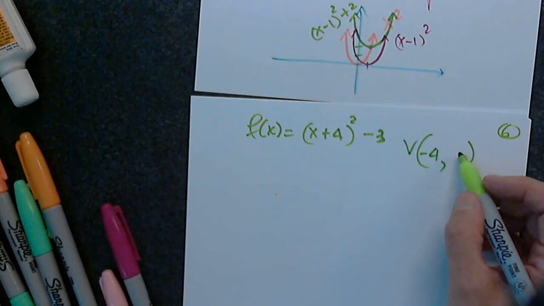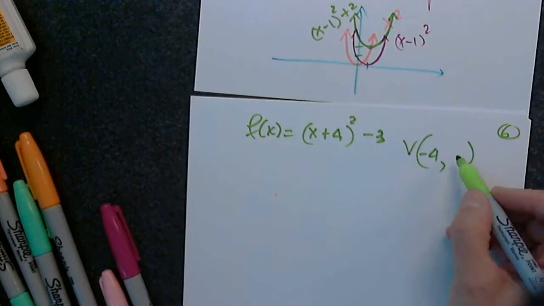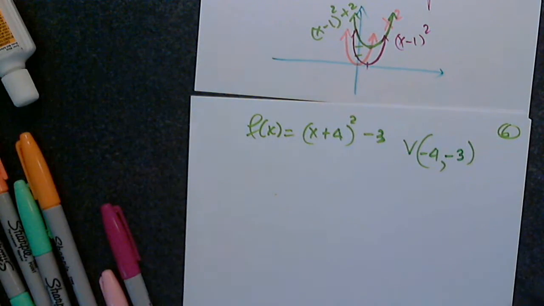Negative 4, comma negative 3, because we went 4 to the left and 3 down. And we haven't even graphed the function. We only imagined the graph. Why was this possible? Because we understood transformations and we knew the base function.